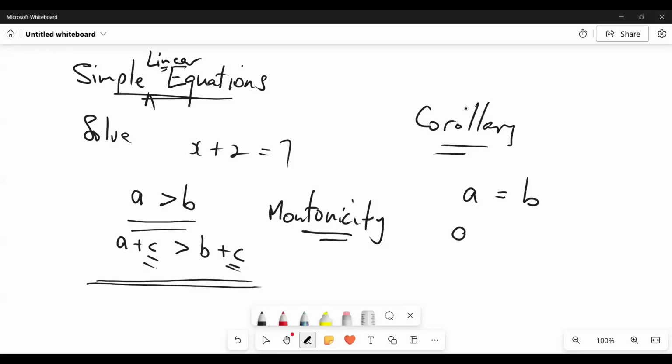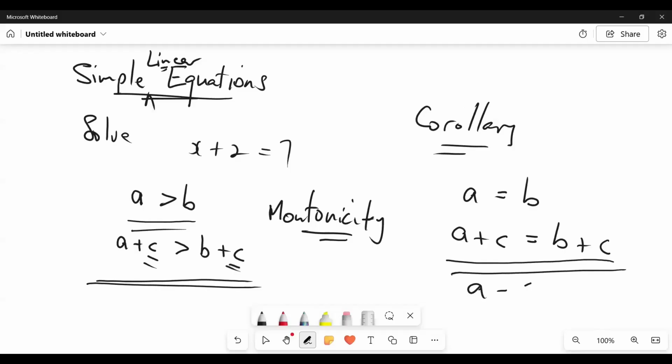So if you add something to one side and add the same to the other side, the balance is maintained. Similarly, if you subtract something from one side and from the other side, the balance is maintained. If you multiply one side by something and the other side by the same, the balance is maintained.